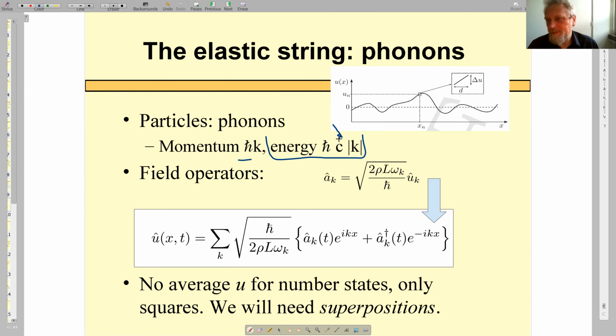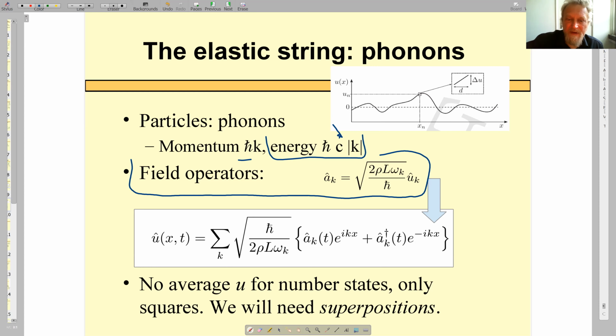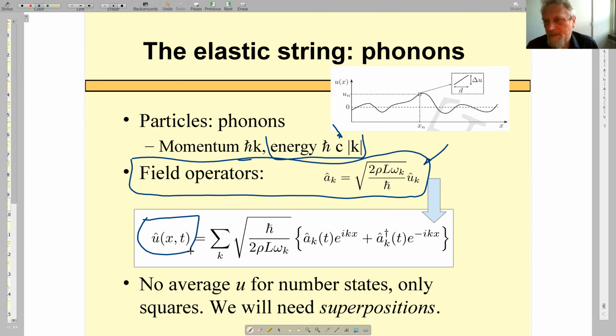Fine. Again, repeating what we have already done, using the relation between normal coordinates and the field operator, we find the expression for the field operators. Basically, inverting this relation. So here we are. We have a quantum expression for the displacement of the string as a function of coordinate and time.